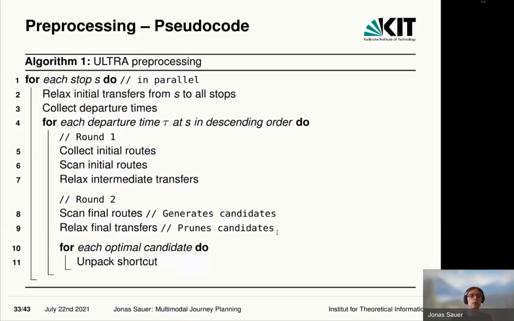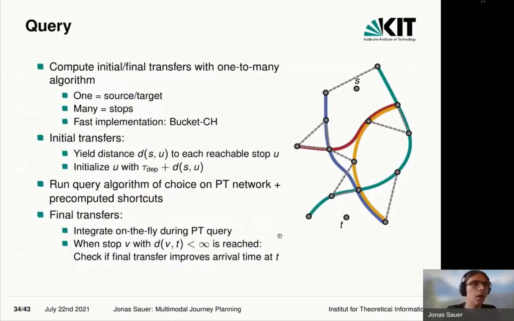And then once we're done with that, we can look at each candidate that still remains that wasn't dominated, and for each one unpack the intermediate transfer and insert a shortcut for it. All right, so that's the pre-processing for the intermediate transfers.